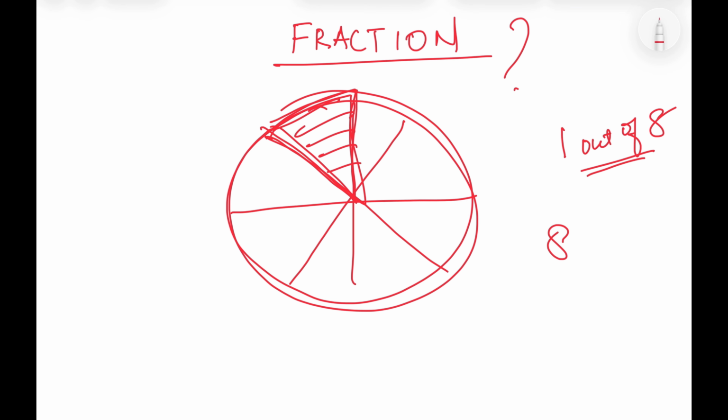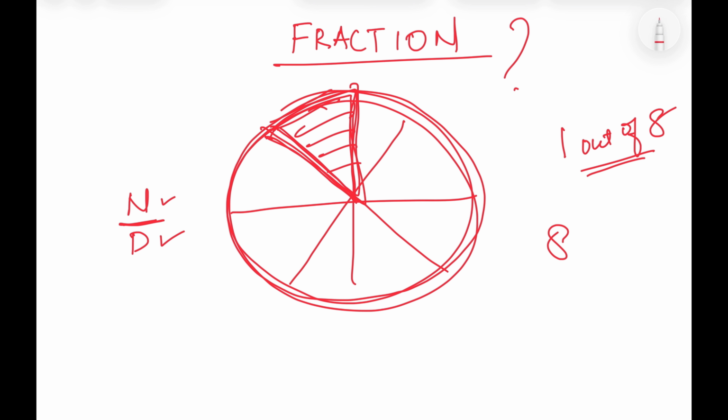As I told you, a fraction is a part of the whole. It has two numbers. First is the numerator and the next is the denominator. The numerator is written at the top, the denominator is the number written at the bottom, and there is a line dividing both the numbers.